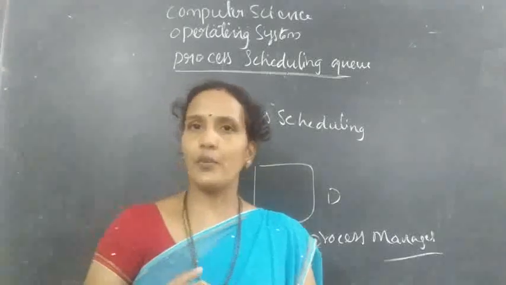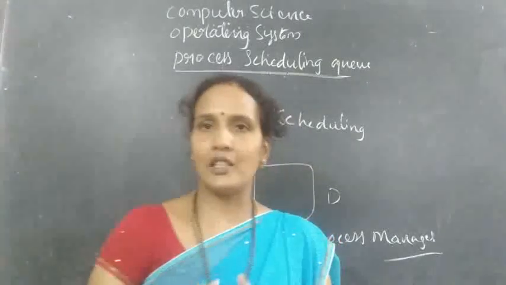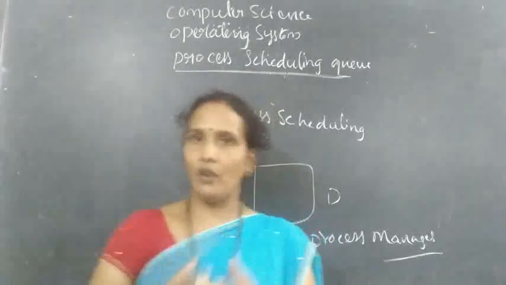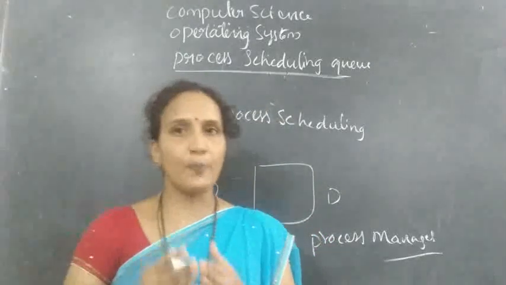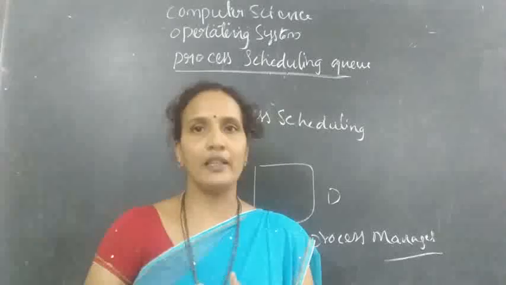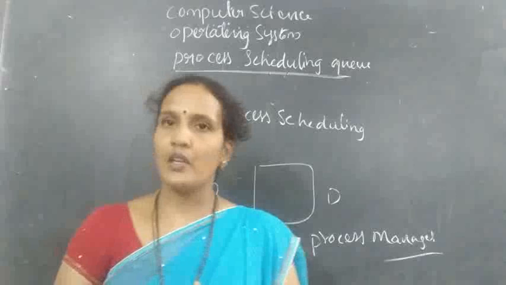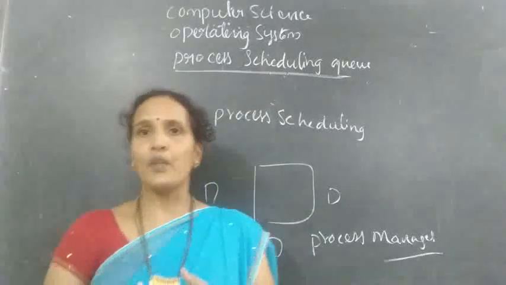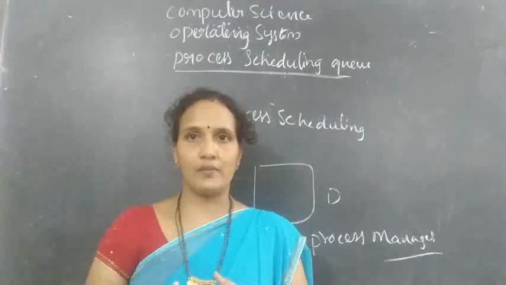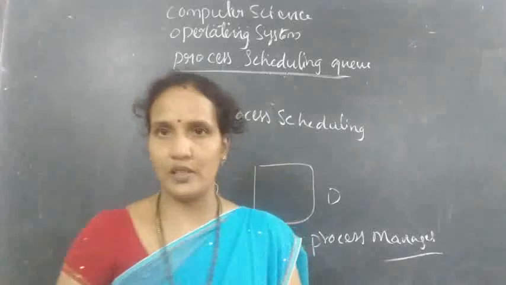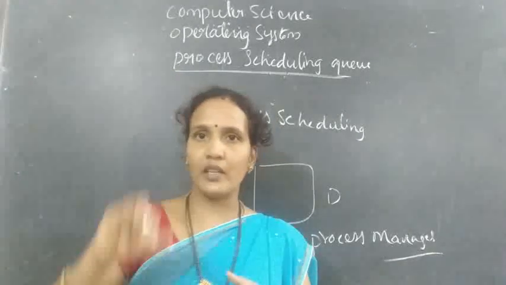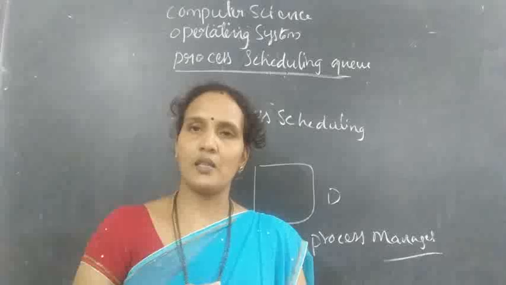Understood? So what is process scheduling? Process scheduling is the process of deciding which process should be in ready state and which process should be in running state. And when you have multiple processes, that environment is called a multi-process environment.